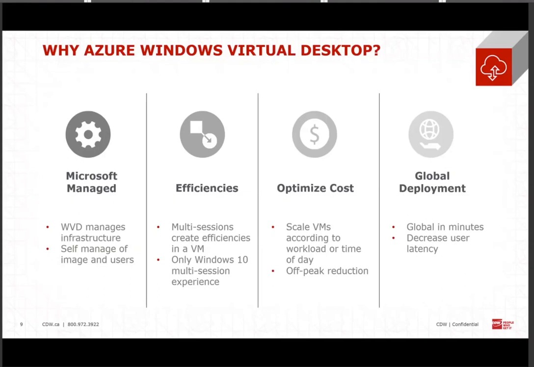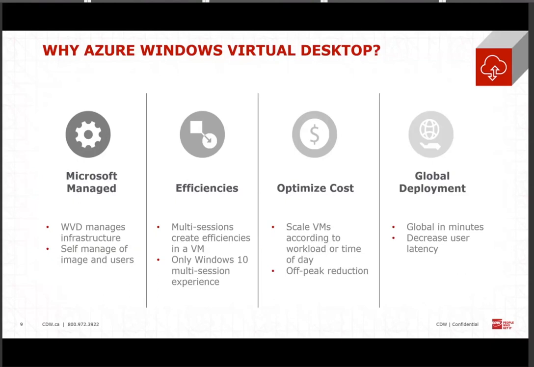In terms of cost effectiveness, you can scale out the virtual machines as you require. You can also shut them down during off-peak hours, which you can't really do when you have on-prem hardware. And there's the scalability to go global in just a few minutes and add users on demand as required.